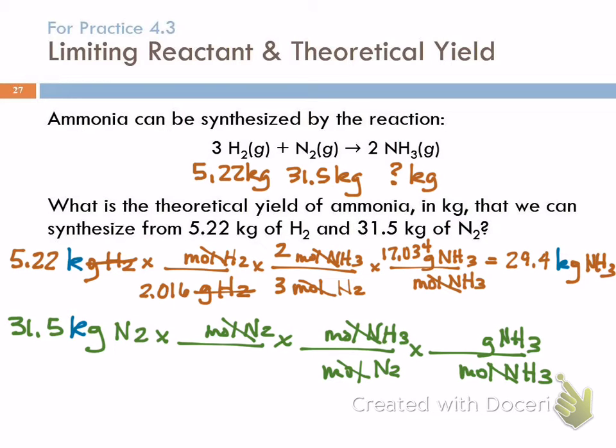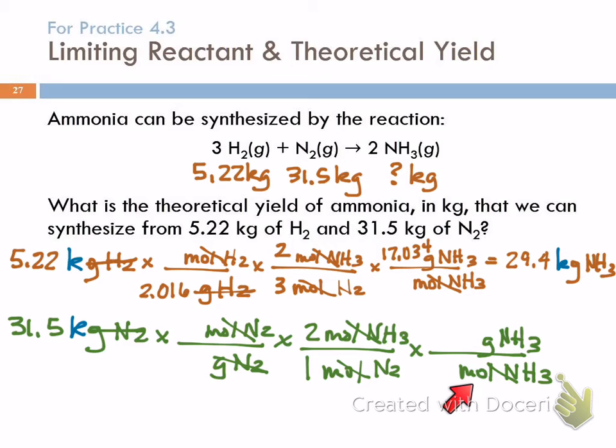And then down here I've got grams of N2. This cancels grams of N2. It does not cancel the kilo. The mole ratio comes from the balanced chemical equation. 2 moles of NH3. How many moles of nitrogen? 1.